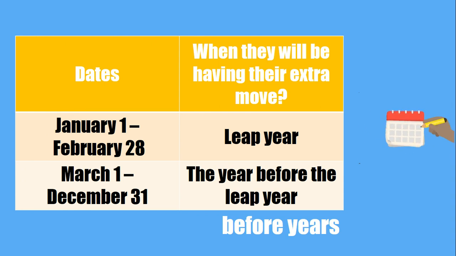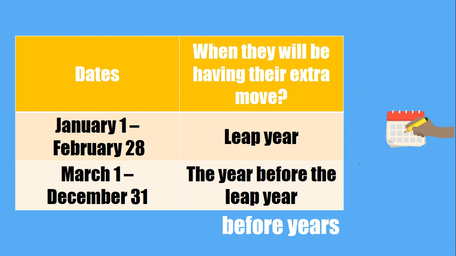And another one we have here, January 1 to February 28, and March 1 to December 31, for before years. So now the question here is, what are the extra moves to consider for these dates? Since we are dealing with the before years here, we just need to reverse our case from the previous one, wherein we looked at the after years.